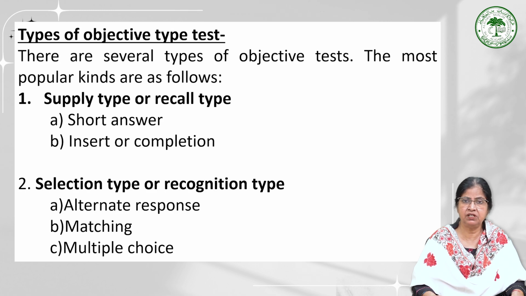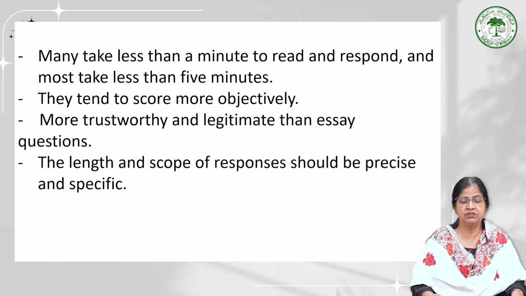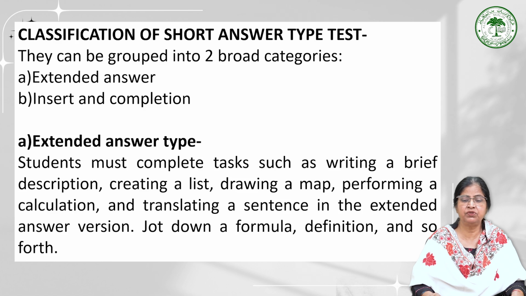Then the selection type or recognition type, where the student has to identify the correct answer, and the short answer type, where the student has to write a few words as per the requirement of the question. The length and scope of responses should be precise and specific. And the classification of short answer type test may be in the form of extended answer, or in the form of insert and completion type.